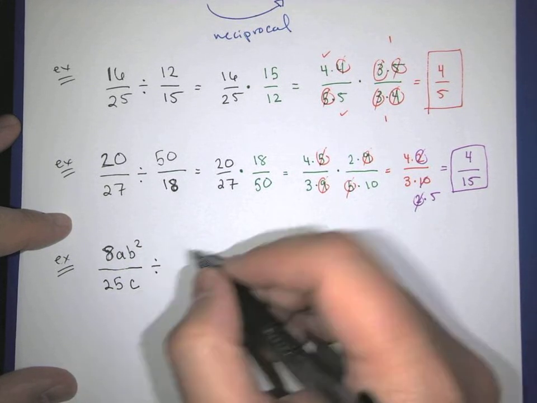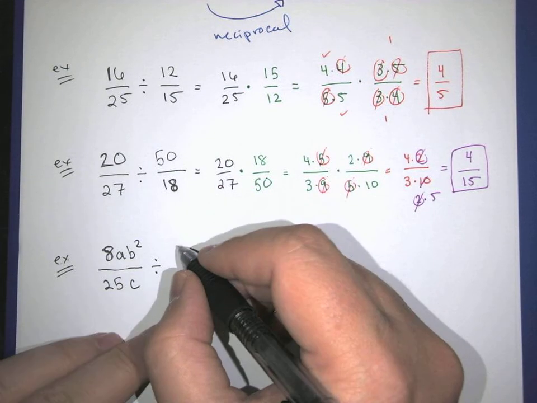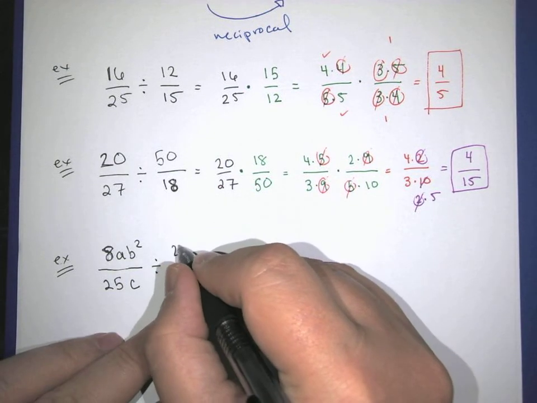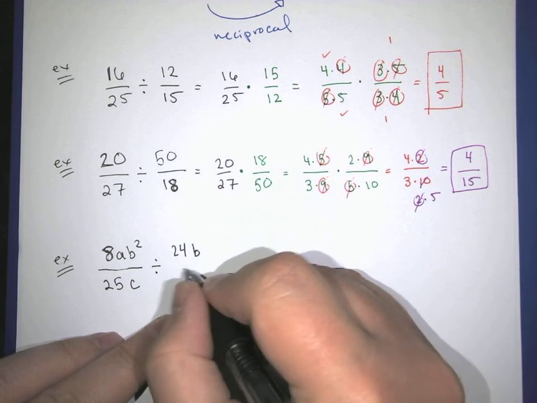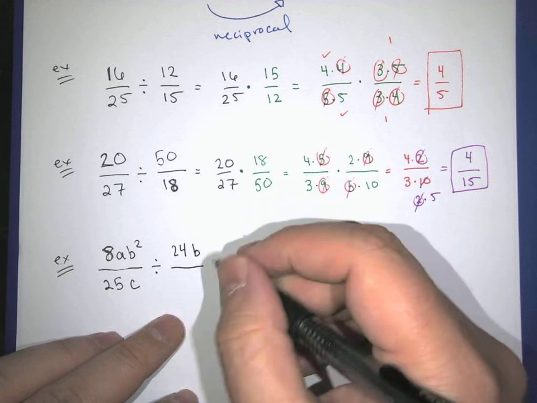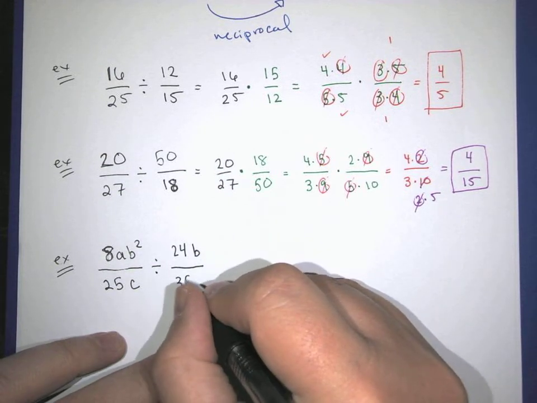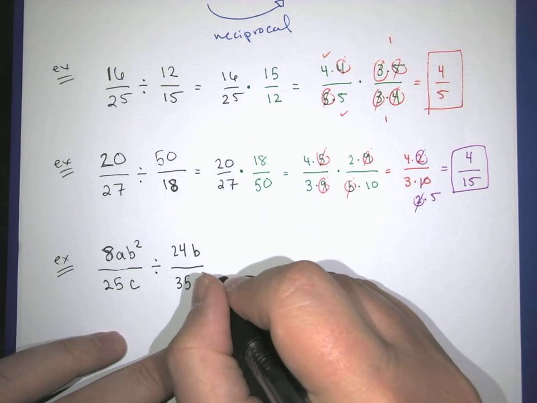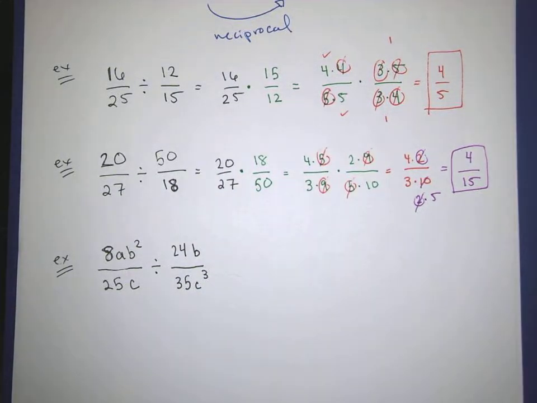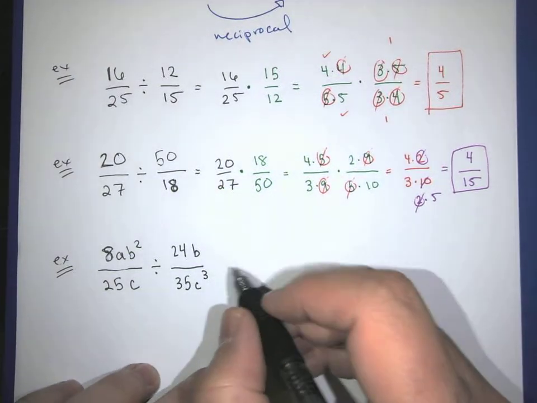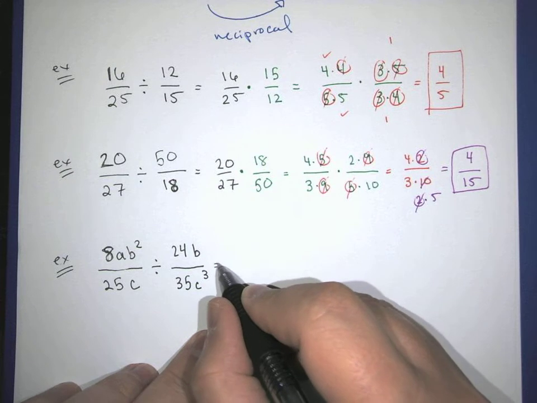Let's divide this by, how about 24B over, let's do 35C cubed. Something kind of like this, right? 3 different variables, a couple different powers. We're kind of throwing the kitchen sink at this one.